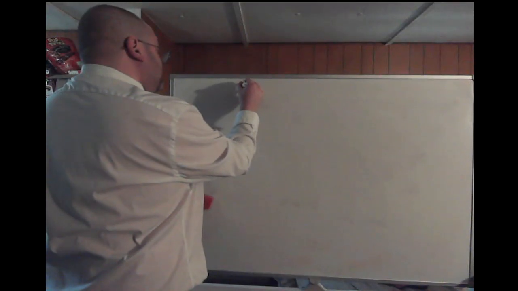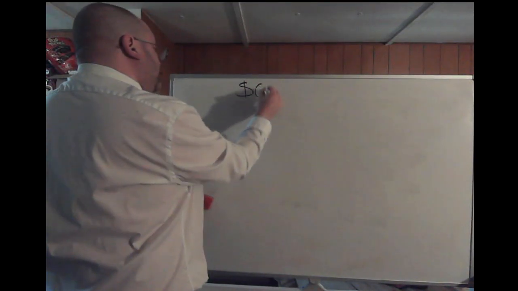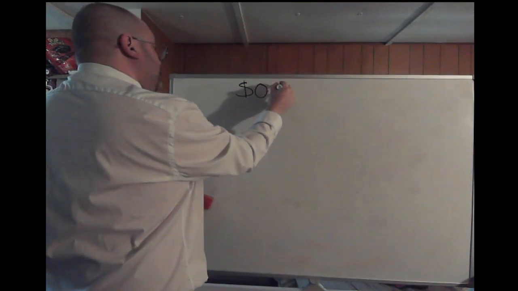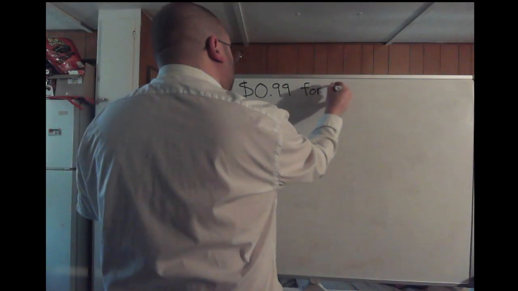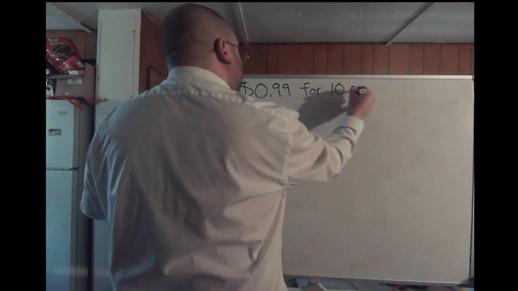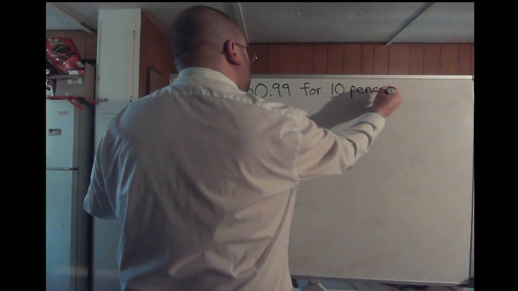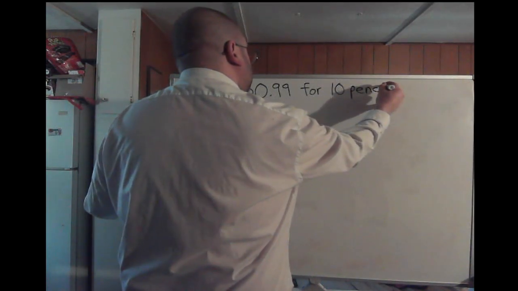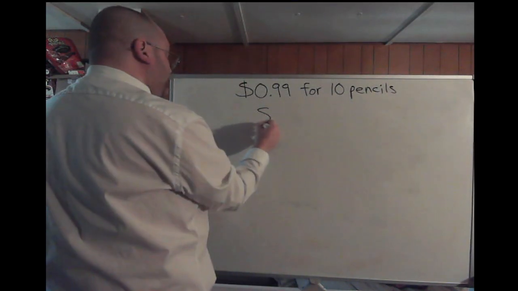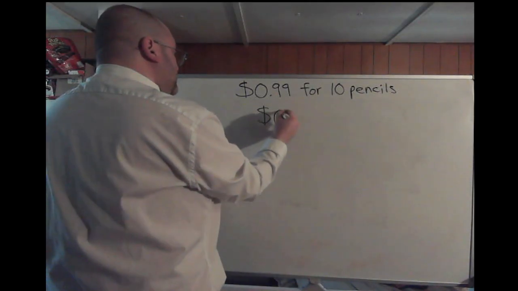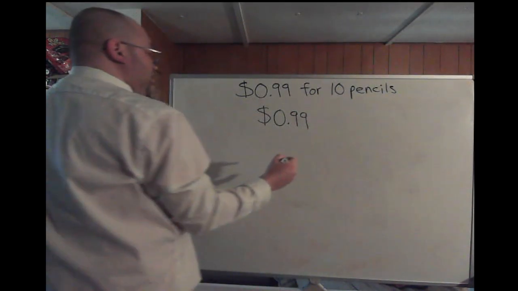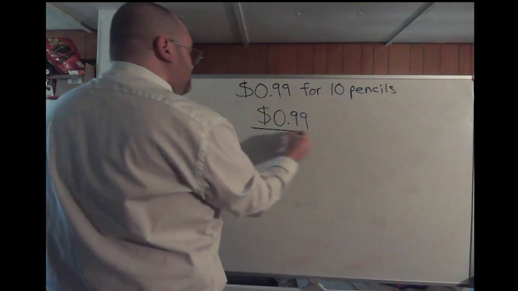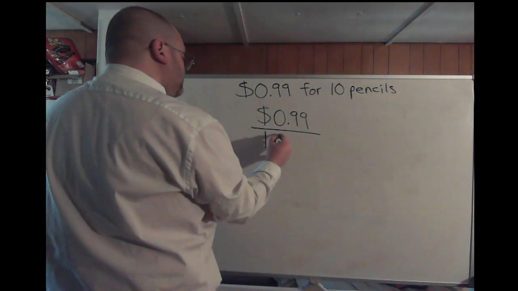Alright, or let's say another one. You have 99 cents for 10 pencils. So yes, 99 cents for 10 pencils. So that'll be in the ratio of 99 cents for 10 pencils.